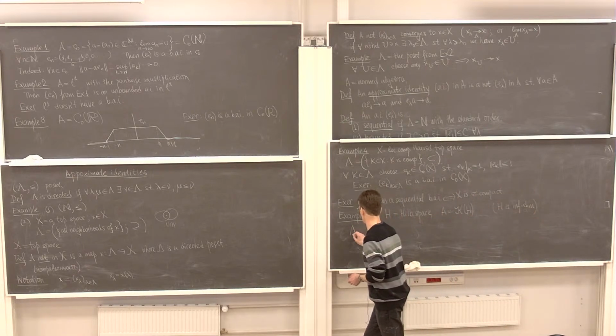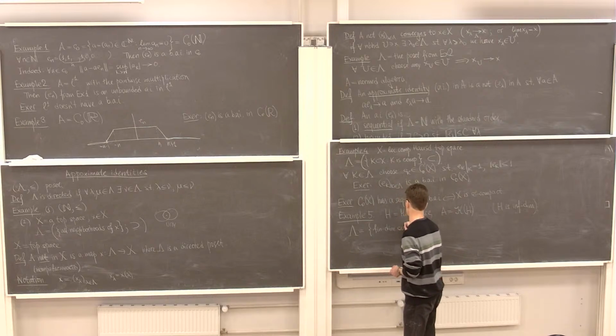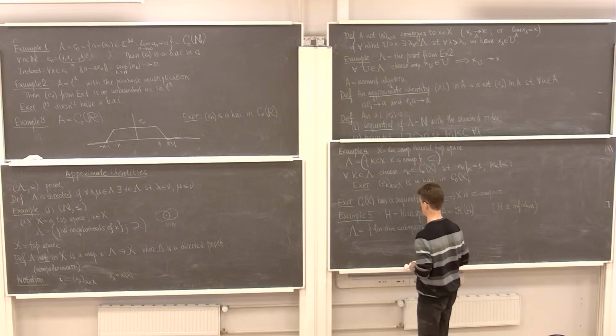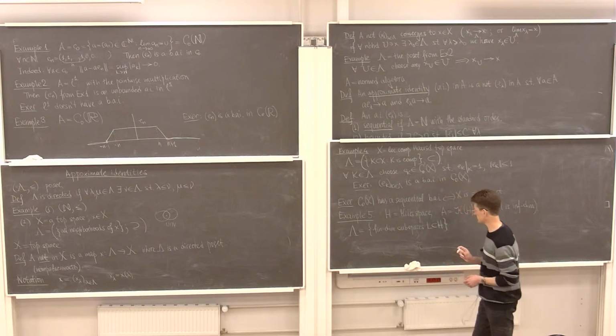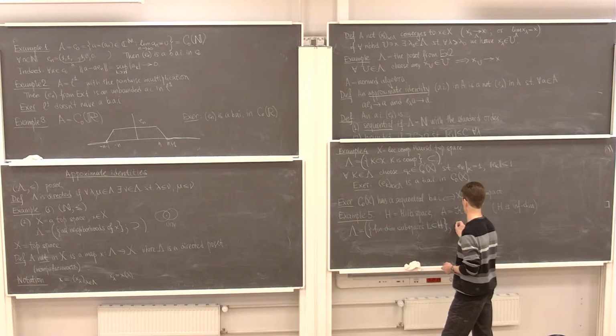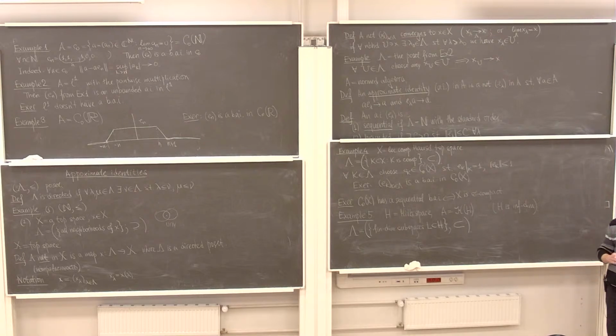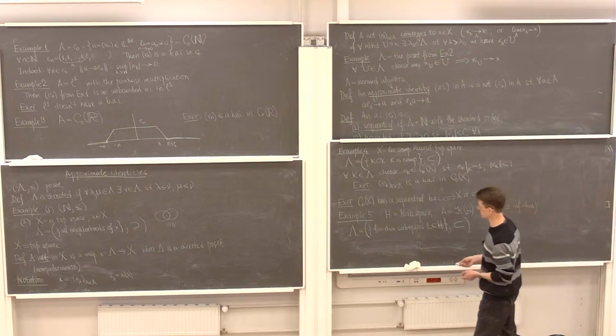Indeed, let lambda denote the collection of all finite dimensional subspaces L in H. And we make lambda into a directed poset with respect to set theoretic inclusion. Clearly, this set is directed because if we have two finite dimensional subspaces, then their algebraic sum is also finite dimensional. And now we construct our net.